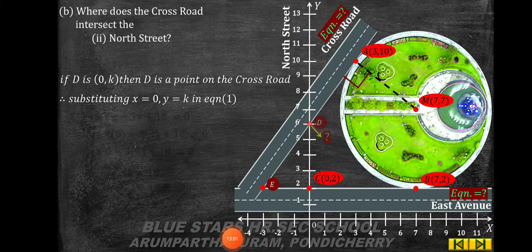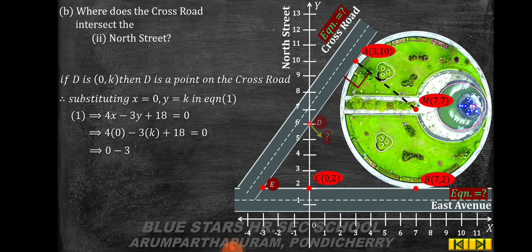If D is (0, k), then D is a point on the crossroad. Therefore, substituting x is equal to 0 and y is equal to k in equation 1. In equation 1 we know 4x minus 3y plus 18 is equal to 0. So this implies 4 into 0 minus 3 into k plus 18 is equal to 0. 4 into 0 is 0, minus 3k plus 18 is equal to 0.